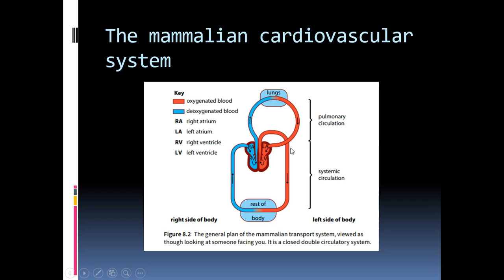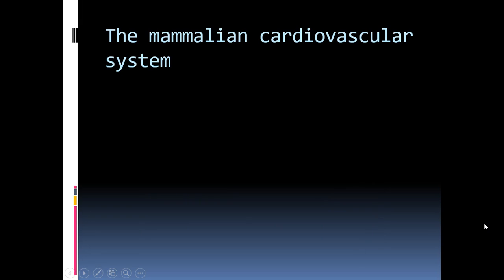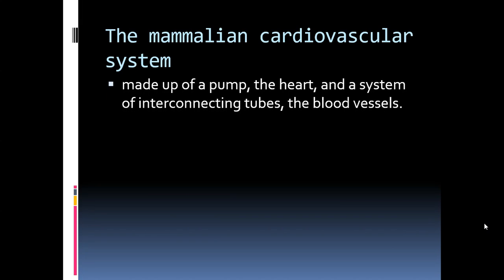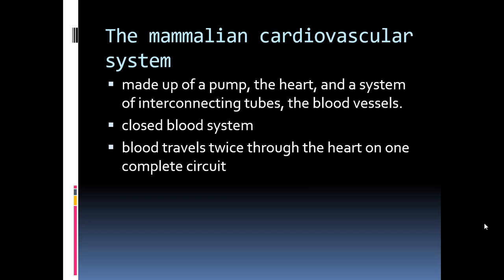And this flow here is known as the pulmonary circulation. So these are some points for the slide that I've shown to you just now. Basically, it's about the flow of blood in the complete double closed circulatory system of mammals.